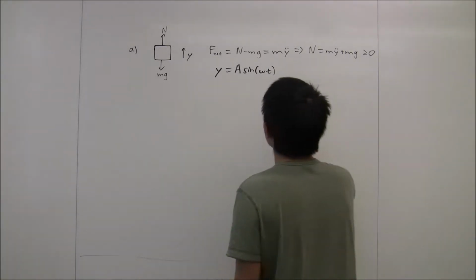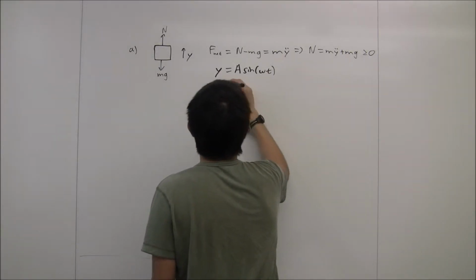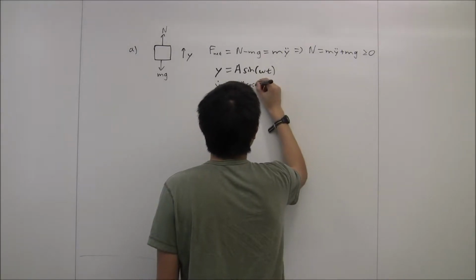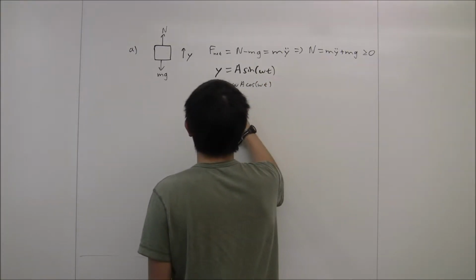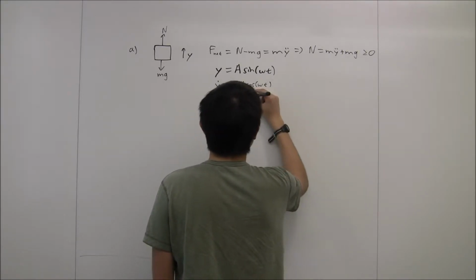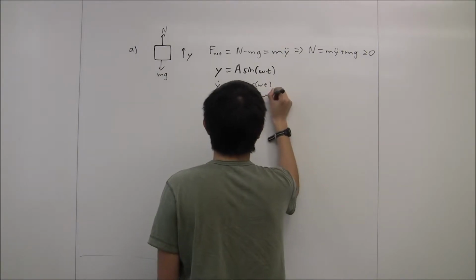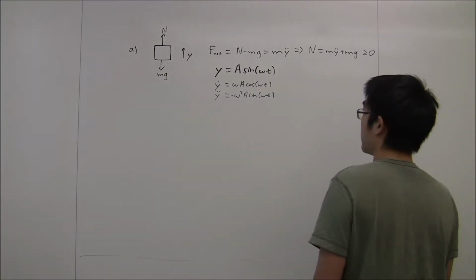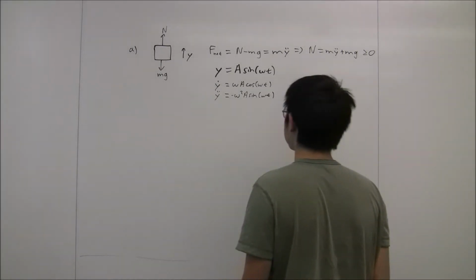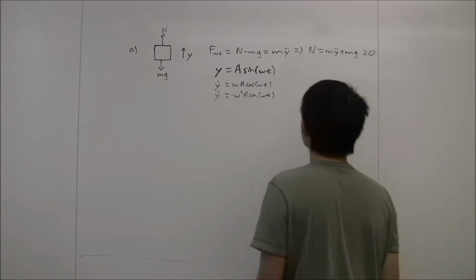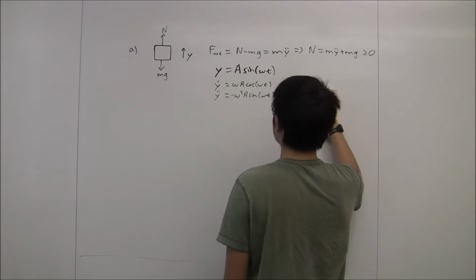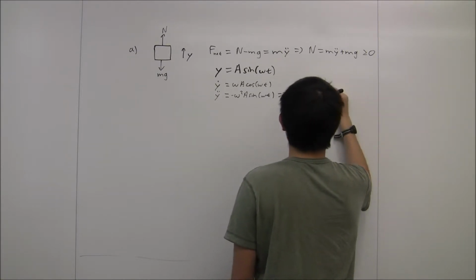So y dot is given by omega A cosine omega t, and y double dot is just negative omega squared A sine omega t. Now sine falls between -1 and 1, so the minimum value of y double dot is negative omega squared A.